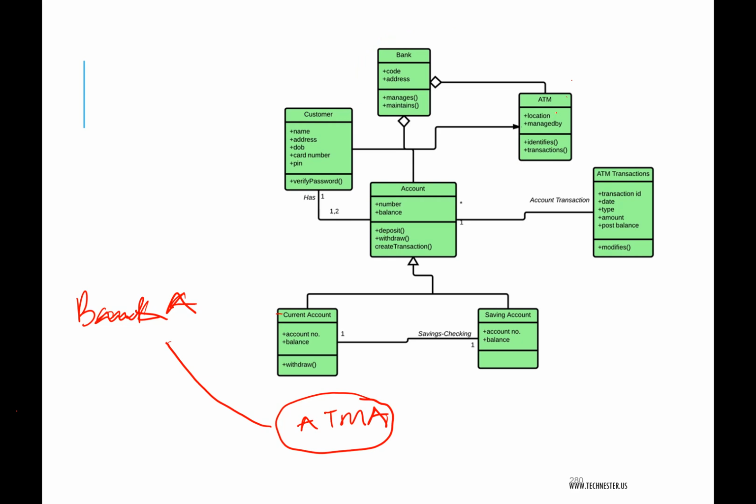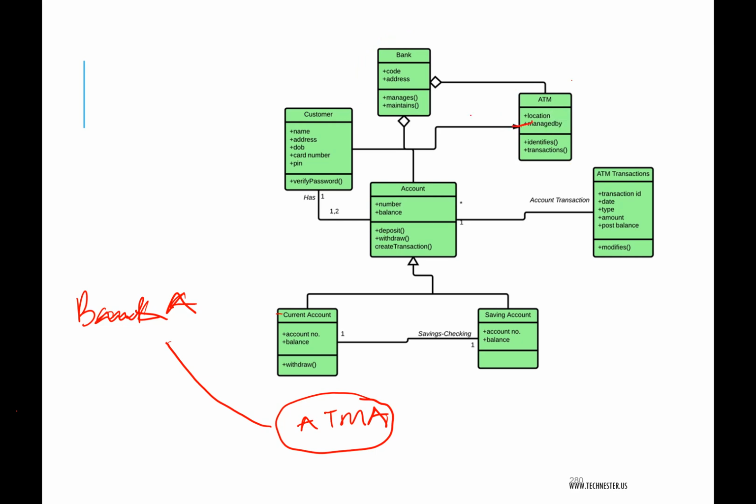Now, these other things, these properties, like I mentioned to you, they are attributes of the class. They are attributes of the thing, so they tell us more about the thing. So an ATM will have location, will have where it is managed. These are properties of the ATM.